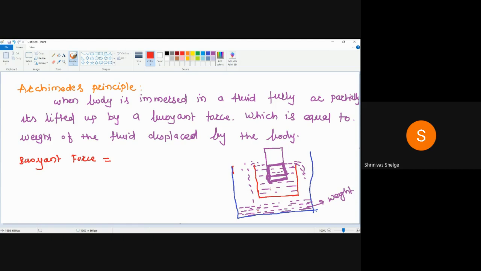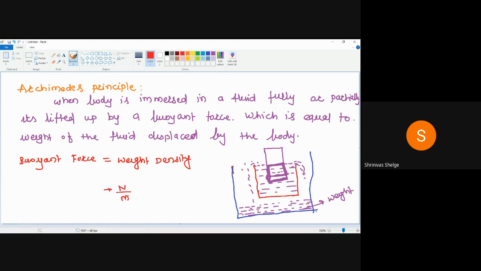But how much weight gets displaced? So how much volume of this fluid gets displaced? The volume of the body which gets immersed in the fluid. Correct. So whenever we want to find the weight of the fluid, we always have to think about weight density. So here I will write down weight density. What is the unit of weight density?